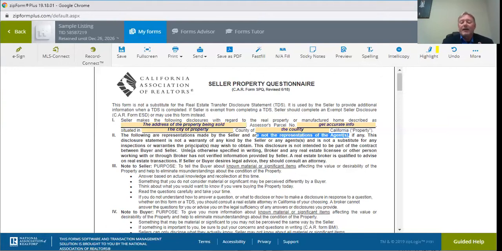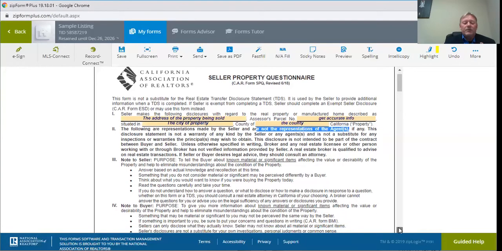This disclosure is not intended to be part of the contract between the buyer and the seller. Unless otherwise specified in writing, the broker and any real estate licensee or other persons working with or through the broker has not verified information provided by the seller. A real estate broker is not qualified to advise on real estate transactions. If the seller or a buyer desires legal advice, they should consult one.